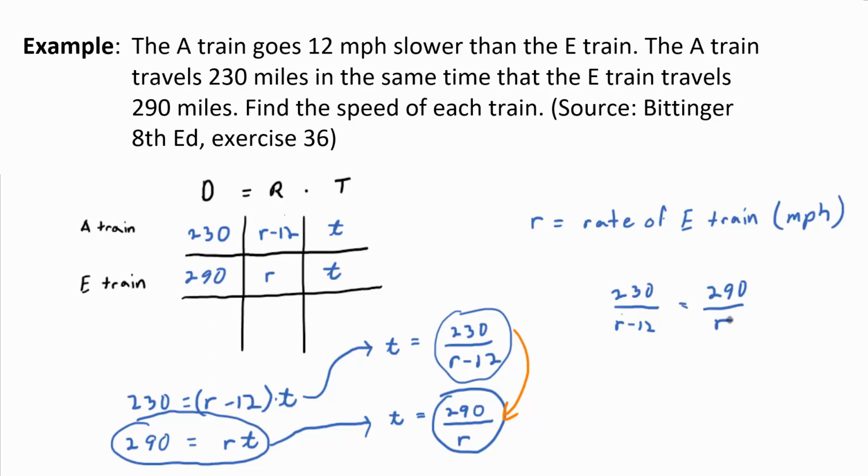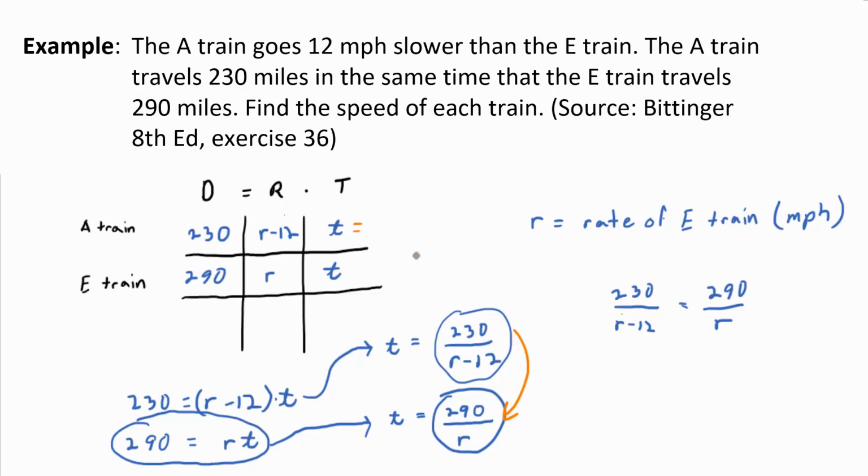Sometimes I actually do that ahead of time in the chart. So you know that if distance equals rate times time, and you solve for t, t is equal to what? Distance divided by rate.